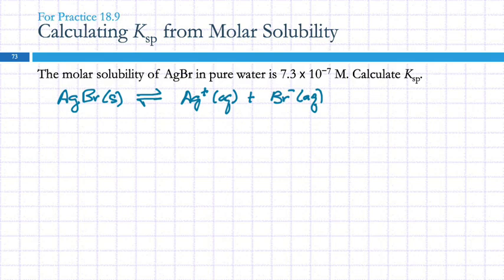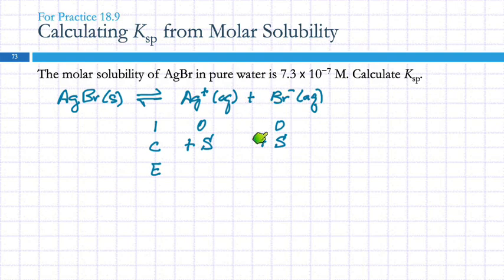So if we think about an ice table and solubility, starting with 0 of each, how is the silver changing with regard to the molar solubility? It's going up by plus S. And bromide is also going up by plus S. So the change here, we're going to use S instead of X. S is the molar solubility. If there's a number in front of it, it's because there's a coefficient in front of it.